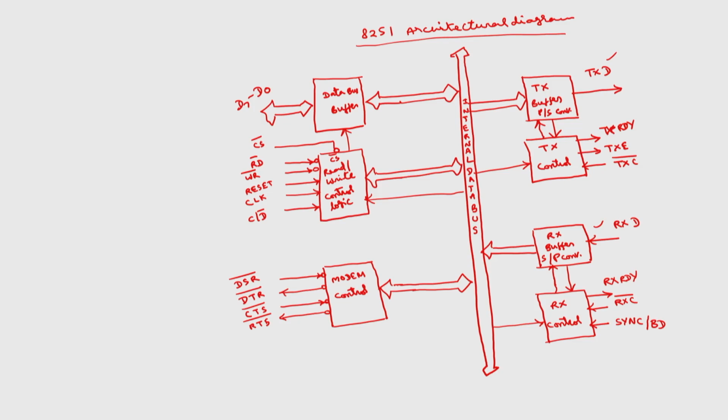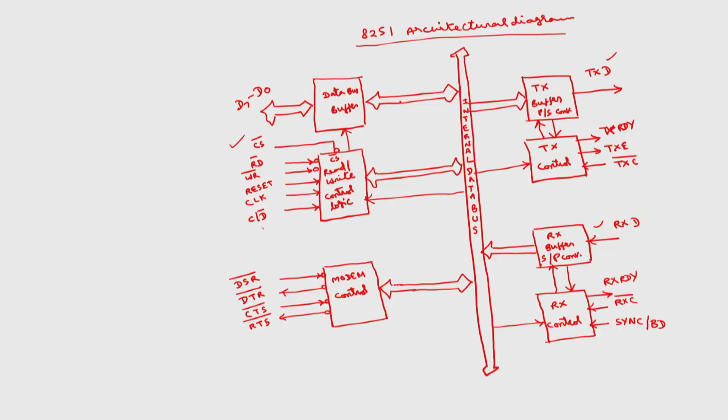Okay. Now, coming to the functions of each signal. So, the chip select signal is obvious: whenever the chip is selected, in order to select this chip, CS bar should be 0. Okay. So, the read bar and write bar signals, I will come to this read bar, write bar in connection with C by D bar. So, these 3 signals are related, I will come to that later.